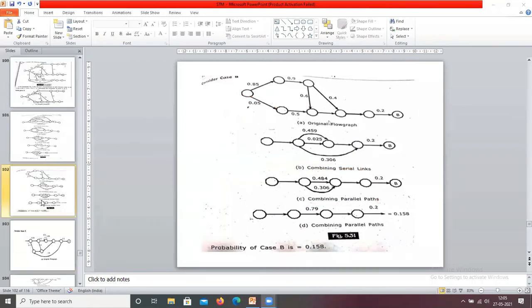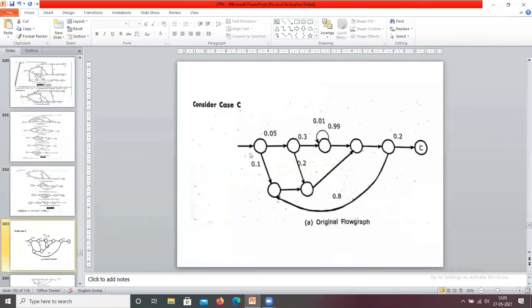And the next one is case C. So this is the case C flow graph. So this is the 0.1. Okay.